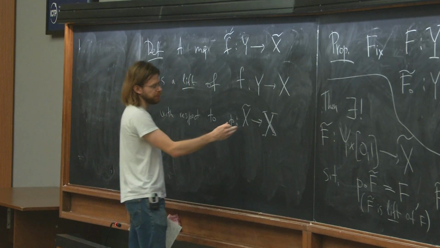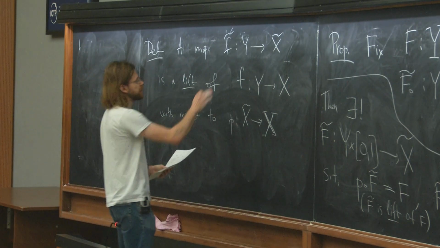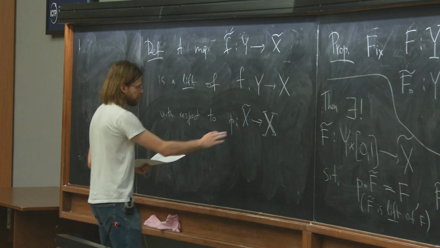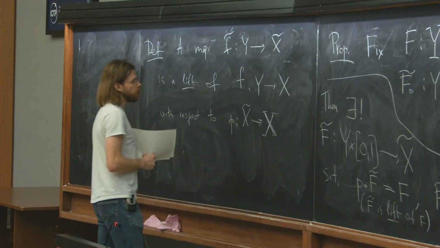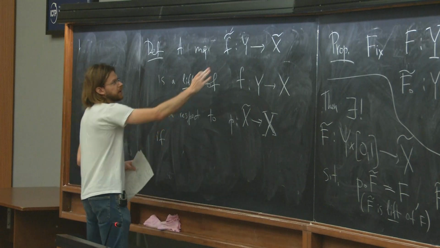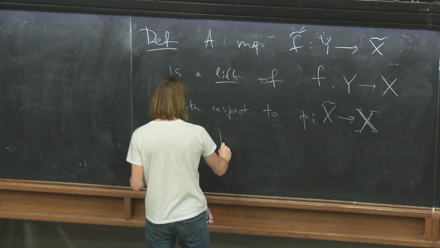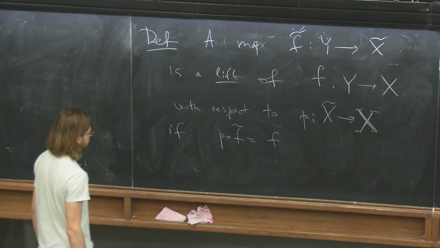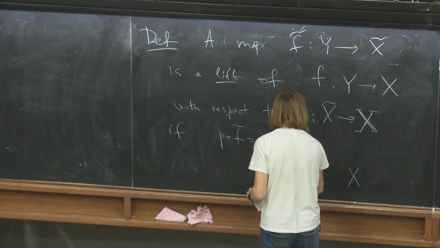For us, the relevant case will be when X tilde is a covering and P is the projection for this covering, but in principle this can be just an arbitrary triple of topological spaces with a fixed map P from X tilde to X, and we are also given a map F from Y to X, and a map F tilde is called a lift if, when I compose it with P, this gives me F.